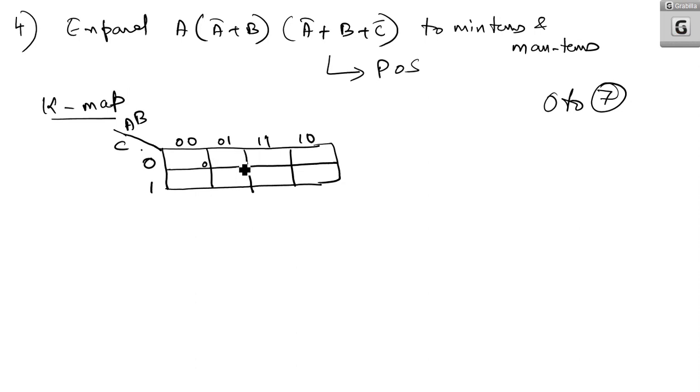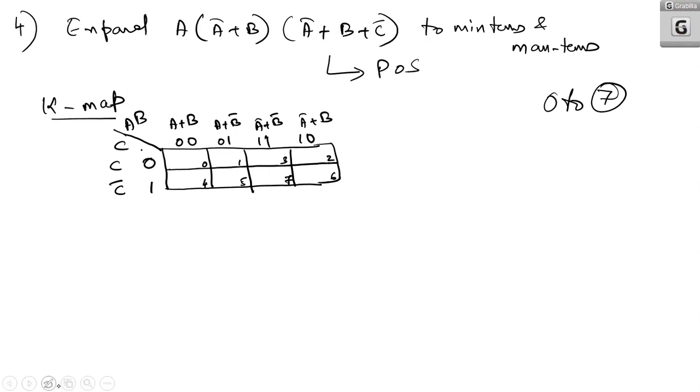So 0, 1, 2, 3, 4, 5, 6, and 7. Okay. So here what I can write, this is A or B. This is A or B bar. This is A bar or B bar. And this is A bar or B. This is C and this one is C bar, since we are dealing with the POS form of representation.